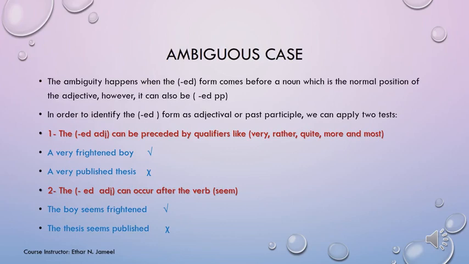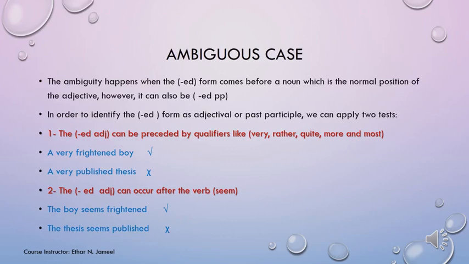But can we say the thesis seems published? It doesn't make sense because the thesis is either published or it is not published. But seems published, it seems weird and odd to say so.